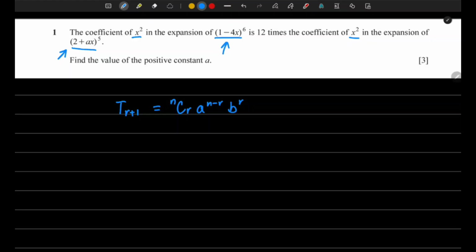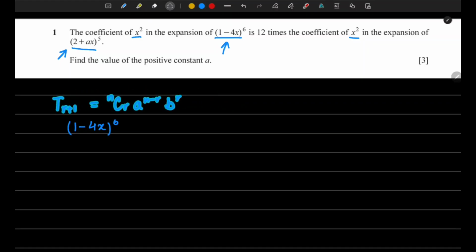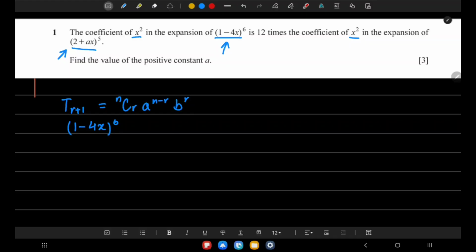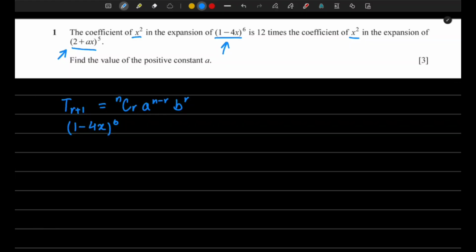Using this firstly for (1 minus 4x) to the power 6, we have T(r+1) equals 6Cr. First term is 1, n minus r would be 6 minus r, and b is your minus 4x to the power r.